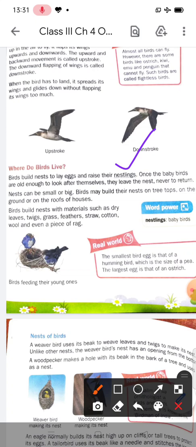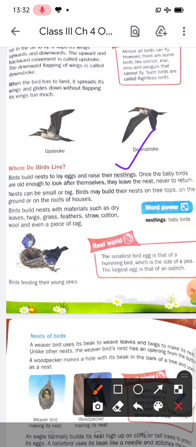Nests can be small or big, and birds may build their nests on treetops, on the ground, on the roofs of houses, and in between the leaves. Tailor bird also. Birds build nests with materials such as dry leaves, twigs, grass, feathers, straw, cotton, wool, and even a piece of rag.